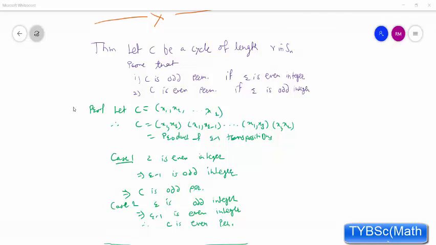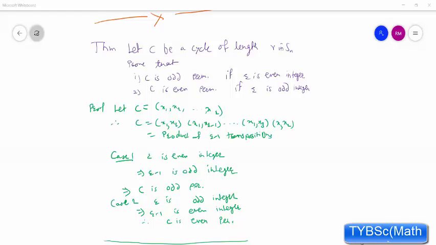The cycle C equal to (1, 2, 3) is an even permutation because its length is 3. So we can make the theorem: if C is an even permutation, then R is an odd integer. Similarly, take a single transposition, that is an odd permutation, and a transposition is a cycle of length 2. So we can generalize this theorem.